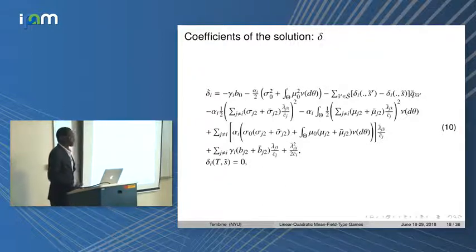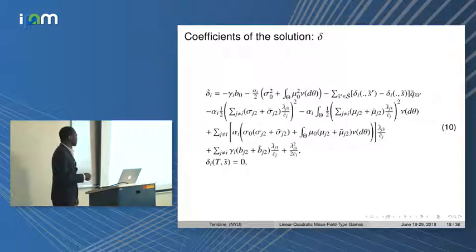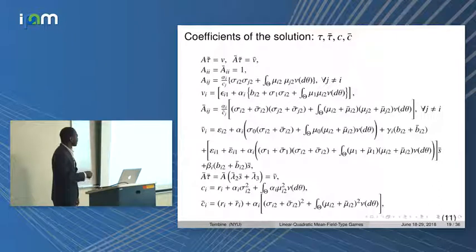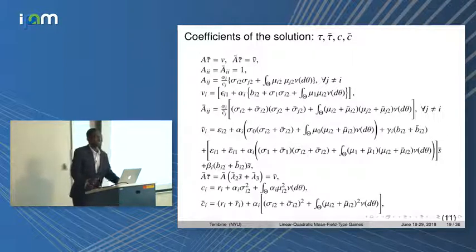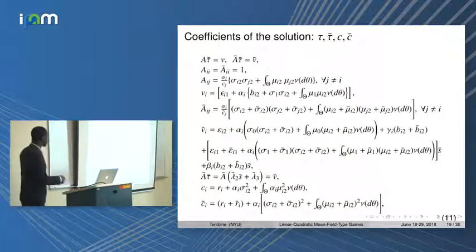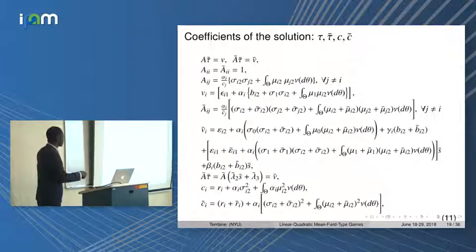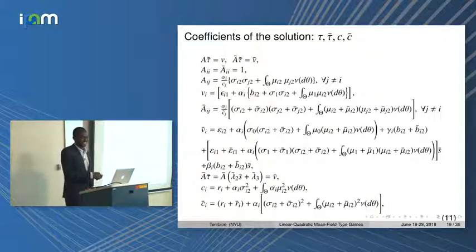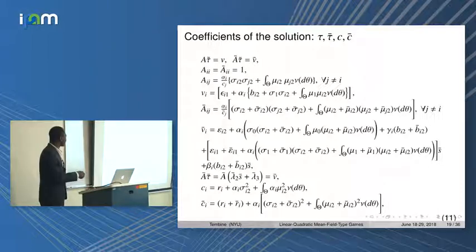Now, I will tell you what the tau, the coupling, is. I told you that it's linear. The coupling solves this equation: matrix A times tau equal to V, where A is given below here, and V is here. Because of that, you get a linear structure. You just need to invert this matrix. Now, is that matrix invertible? Another question, right? What is the condition? The diagonals are 1, which is good news, and then the off diagonals are here.